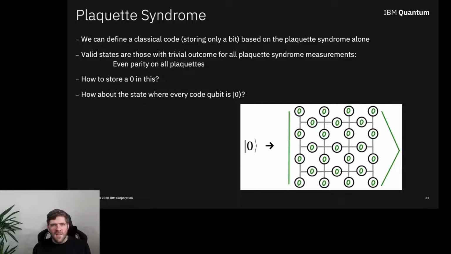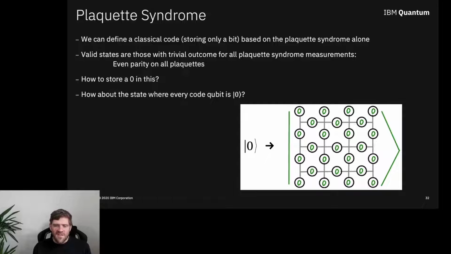And so in the case of the repetition code, we associated the parity measurements having an outcome 0 as being the case where everything is good, and the parity measurements having an outcome 1 as being a clue of an error. So let's use that again, and we're going to try and find states for which there is an outcome of 0 for all of the parity measurements, and that is going to encode one of our logical states.